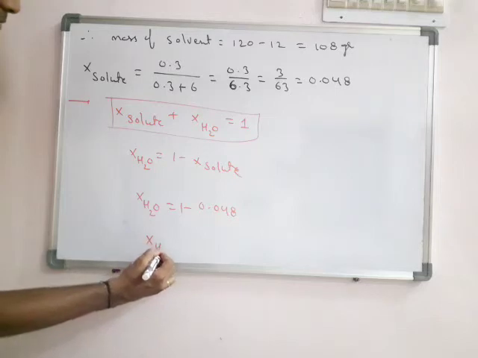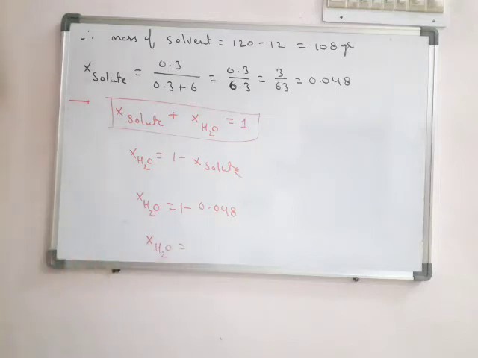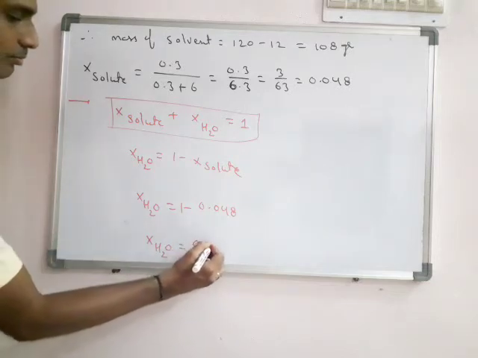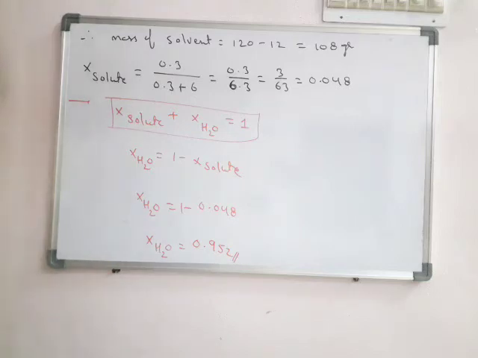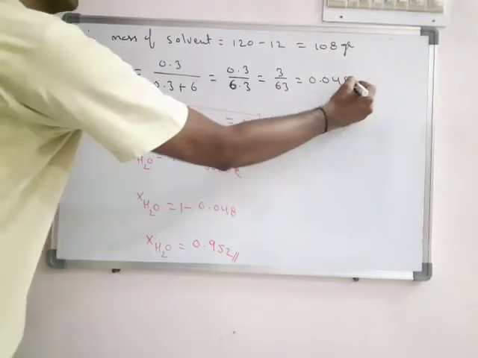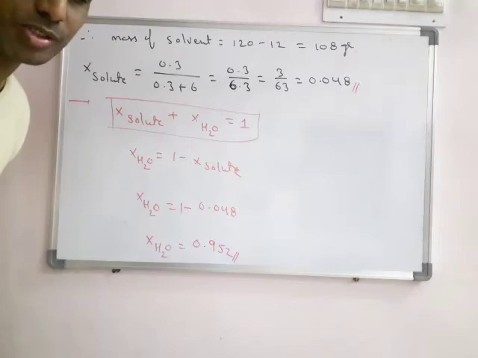Therefore, finally the mole fraction of water is 1 minus 0.048, which is 0.952. So this is the mole fraction of water, and this is the mole fraction of the unknown solute.